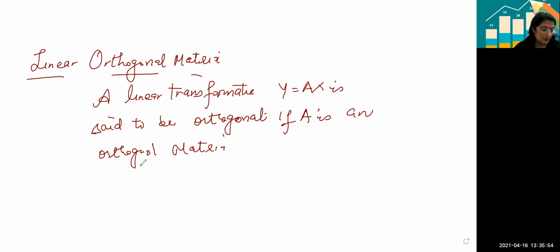So when A is the orthogonal matrix, A dash A, that is, A transpose of A into A, is equal to A into A transpose, is equal to I n.